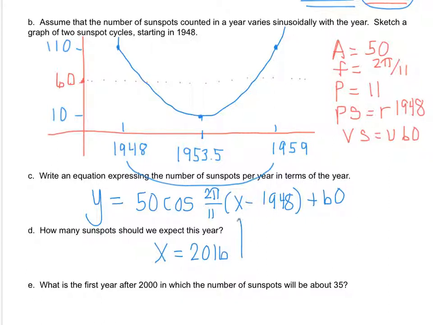Plug that in for x right here and see what you get. And then part E we are not doing because we do not have enough information yet to do that problem.